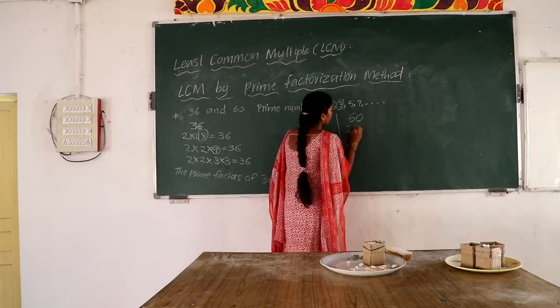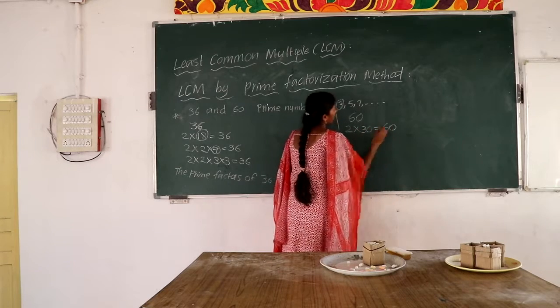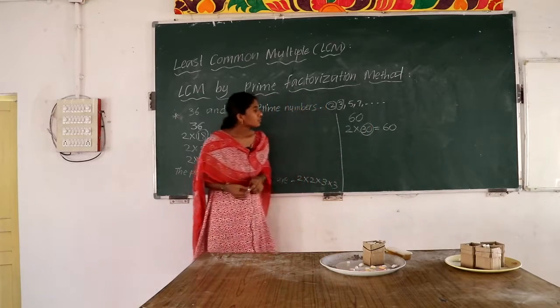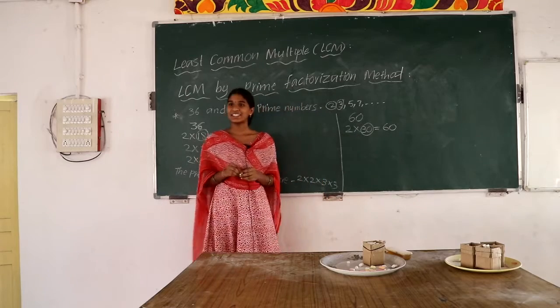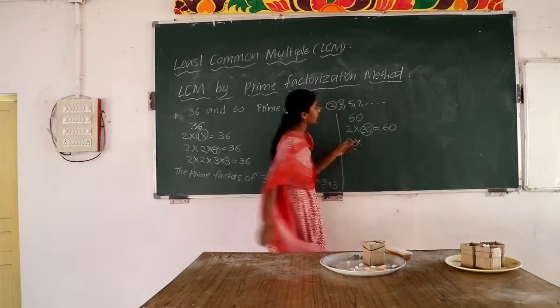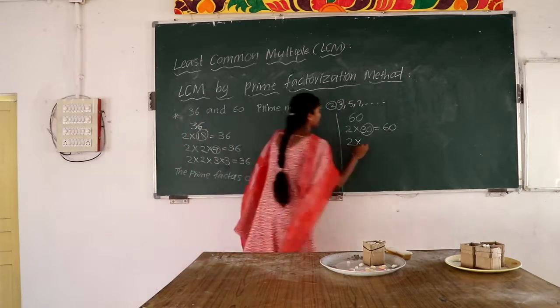So 2 into 30 equals 60. Is 2 a factor of 30 or not? Yes. Which number should be multiplied with 2? 15.